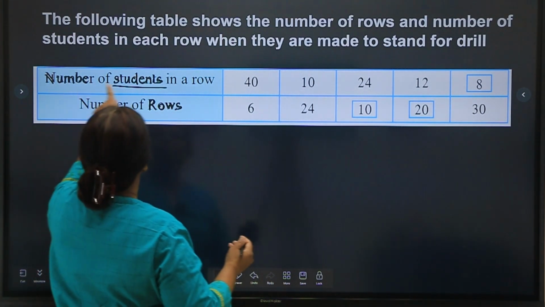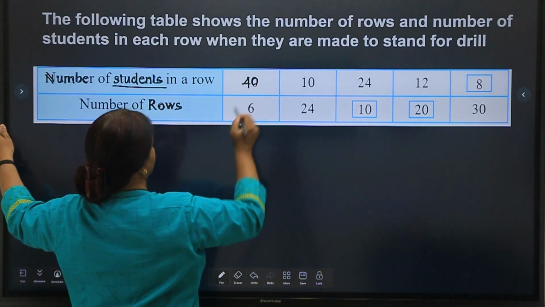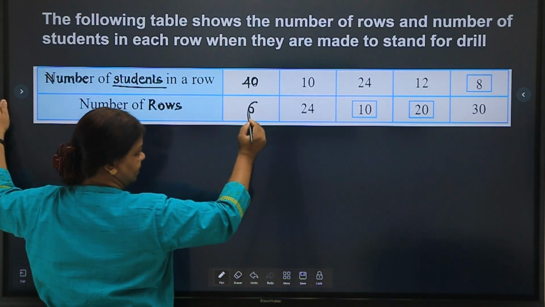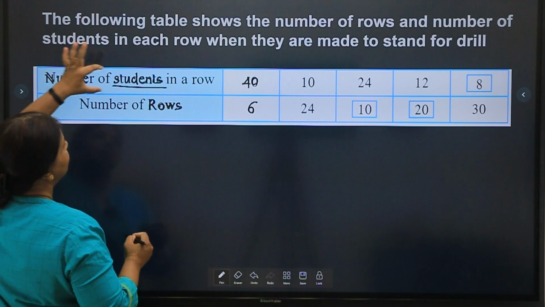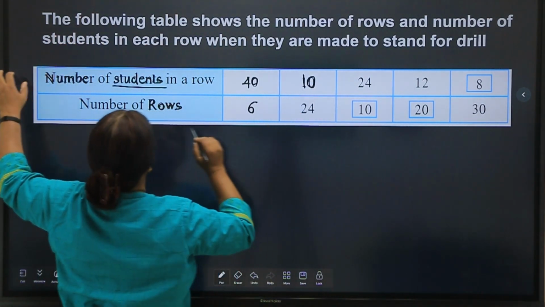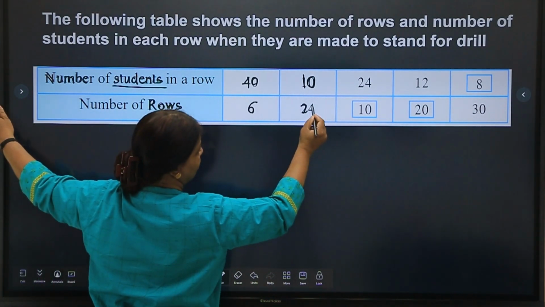When the number of students in a row is 40, the number of rows is 6. When the number of students in a row is 10, the number of rows will be 24.